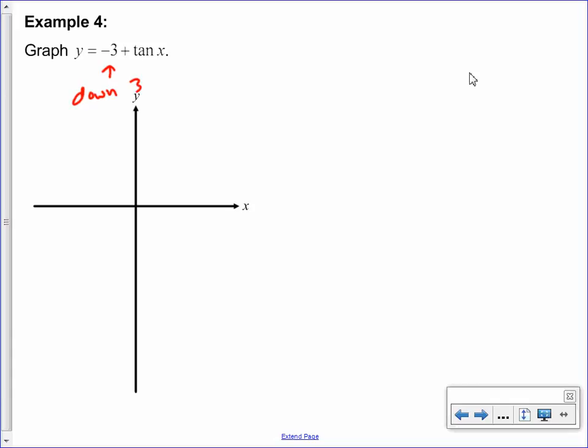Here we go. Tan x, that's easy. It's just x. Tan is from negative pi over 2 to pi over 2. So there's no special magic in this one. Between negative pi over 2 and pi over 2 is 0.